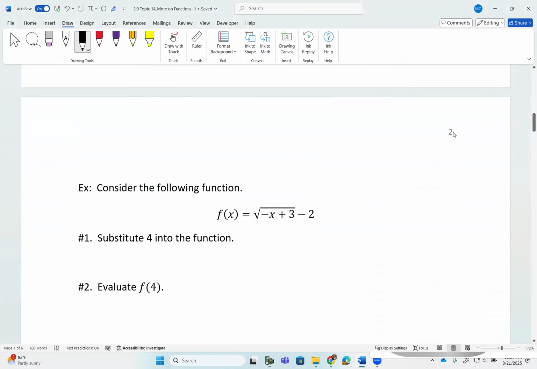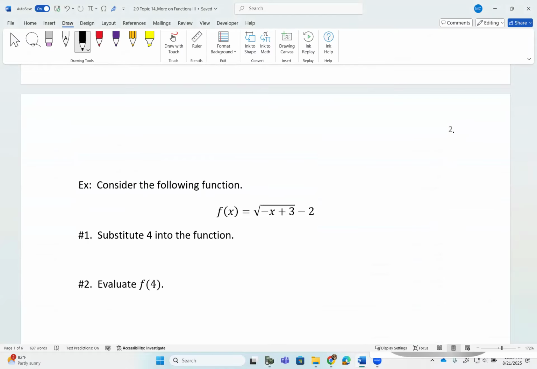This is a square root function, a radical function. I want to substitute a 4 into the function. So I'm going to replace all the x's with 4. This is an interesting one, because of what we know about square root functions, as you can recall from, let me see if I can find it real quick.